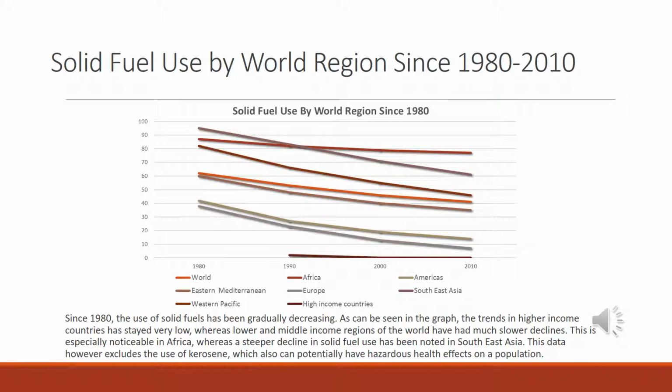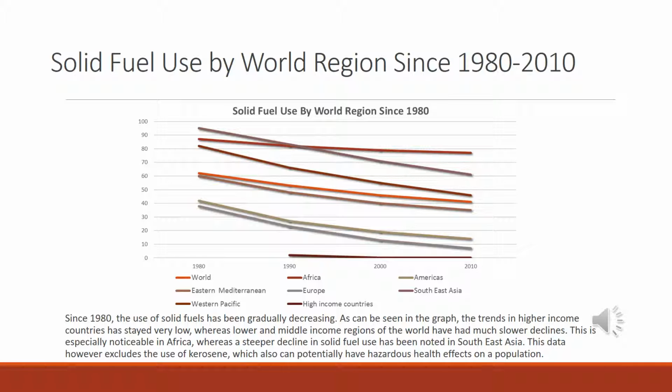Through this line graph, we are taking a closer look at solid fuel use by world region from 1980 up until 2010. And we can see that the patterns of solid fuel use have been slowly decreasing. We can see that the trends in higher income countries start in the year 1990 and through 2010 remain very low, almost at zero, whereas the trends for lower and middle income regions of the world have had much slower declines.